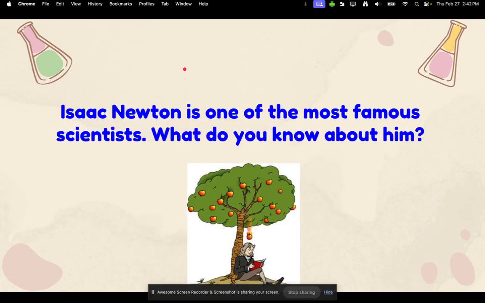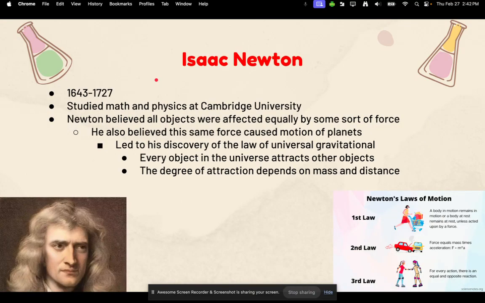So, Isaac Newton, another big name, is one of the most famous scientists. What do you know about him? He lived from 1643 until 1727, and he studied math and physics at Cambridge University.